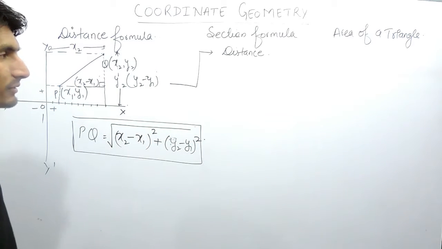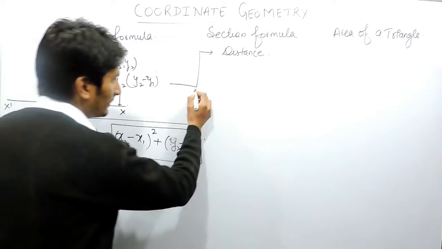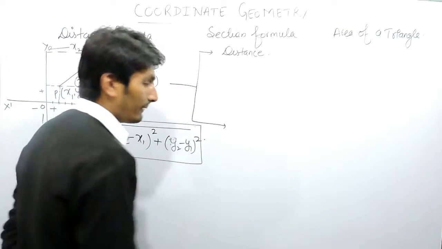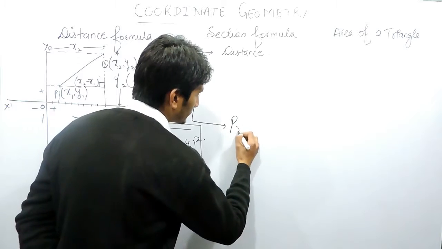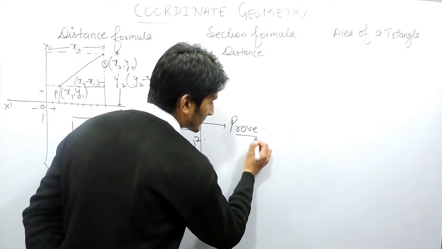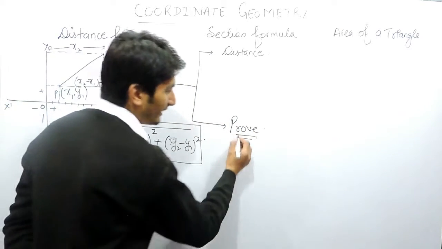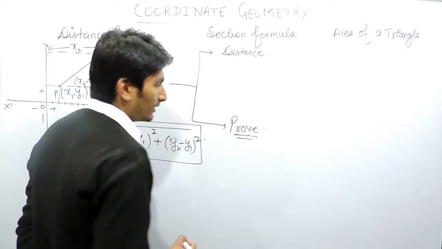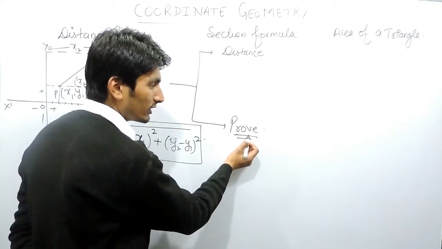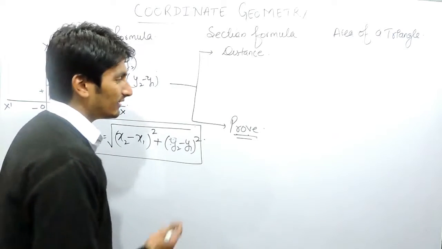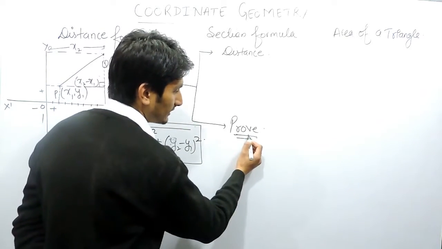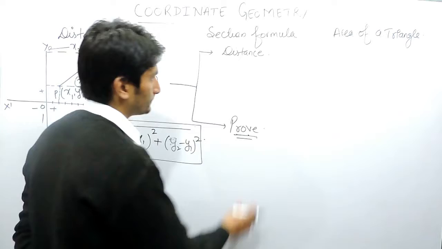In the second case, they may ask you to prove something. This is important: when a question based on proving comes in your exam, it will surely carry 4 marks, which means it will come in your D section.